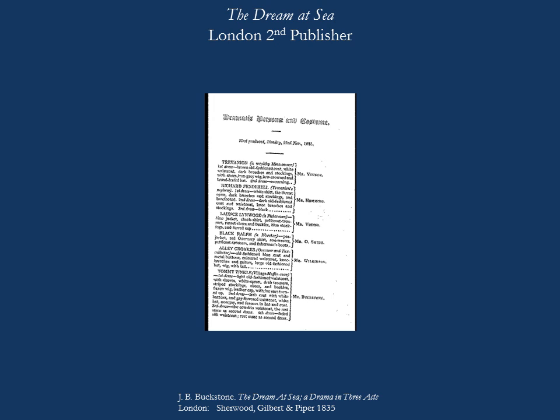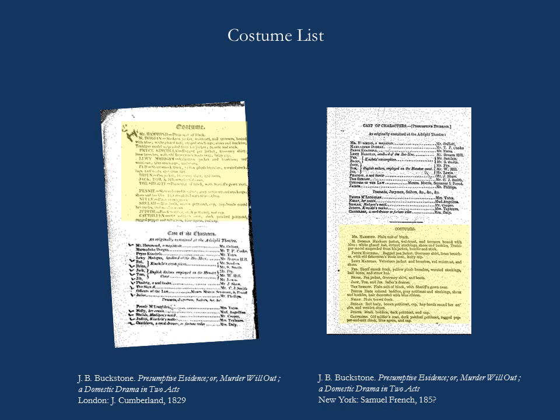Costume descriptions provided part of the entertainment and appeal of playbooks, and hence were what we would now call added value components for publishers. Costumes mattered in almost all playbooks, but were usually formatted as a separate list, as in these two editions of a different Buckstone play, Presumptive Evidence, where the costume list appears above or below the Dramatis Personae.